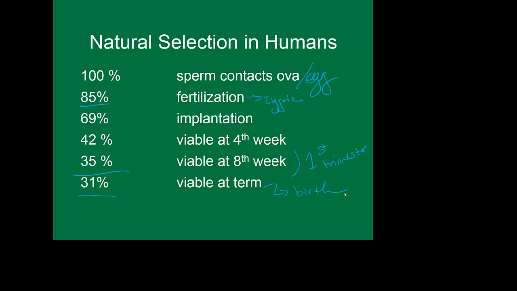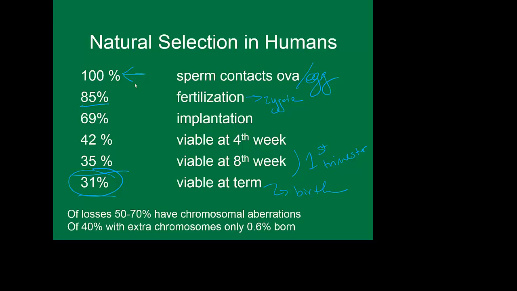Wow. What do you think is working at such a strong rate that only 31% of our original sperm plus egg are actually going to result in offspring? Well, it might not surprise you to find out that it's really chromosome problems. So something is going on with the chromosomes that will cause changes and not allow the offspring to actually form properly.